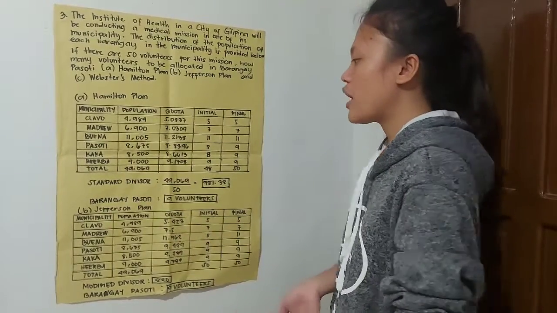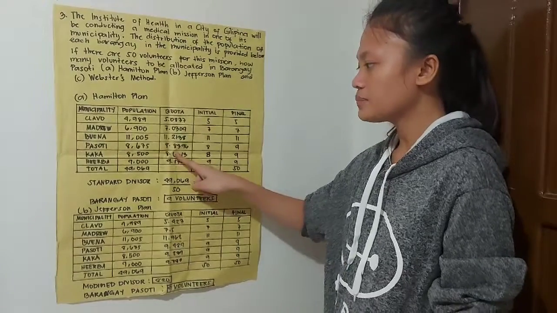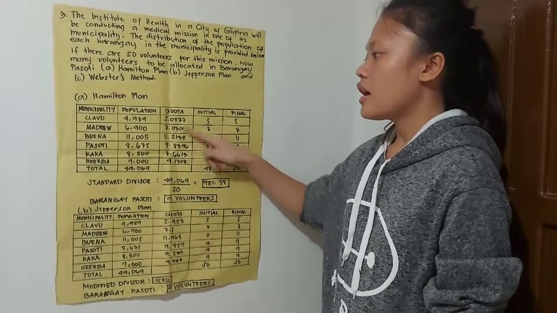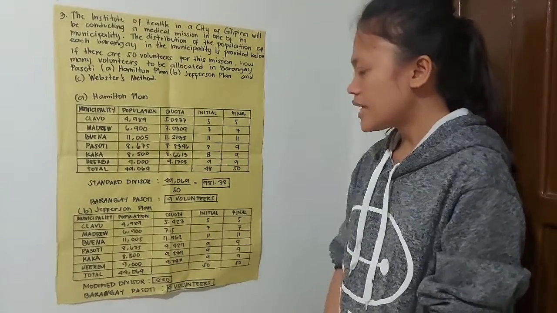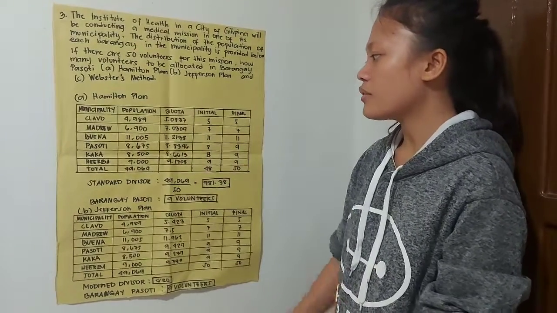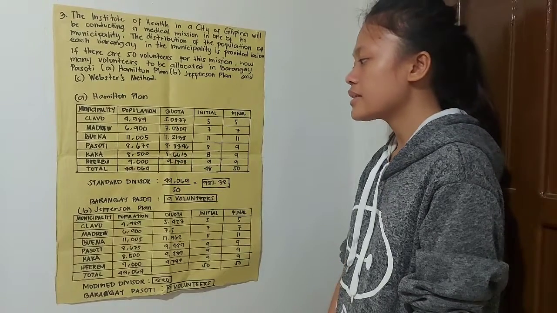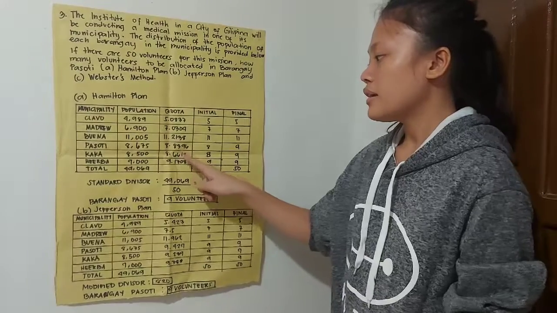In order for us to have that, we need to find the highest decimal part of our quota, which is here in Pasate. We have a quota of 8.8396. So to round it off, it is 9.